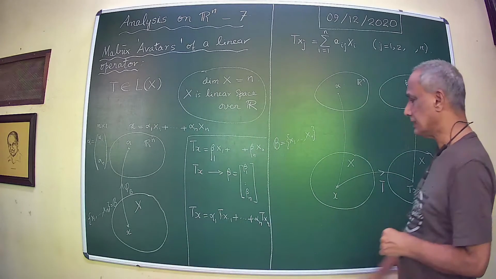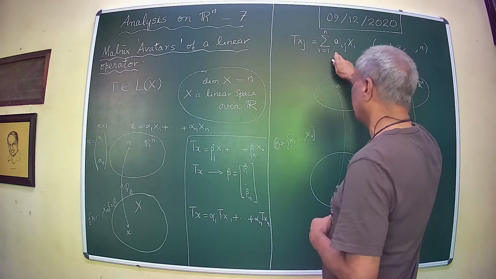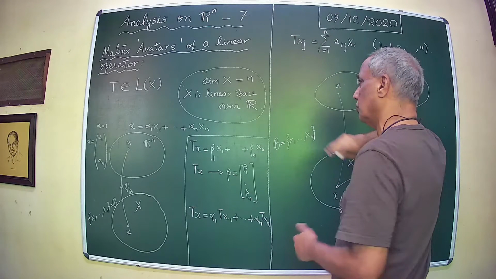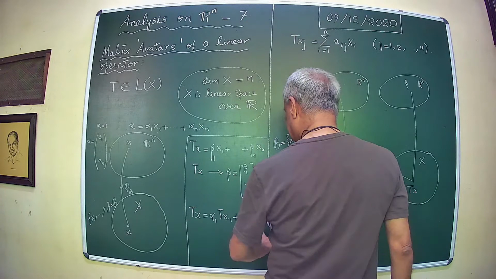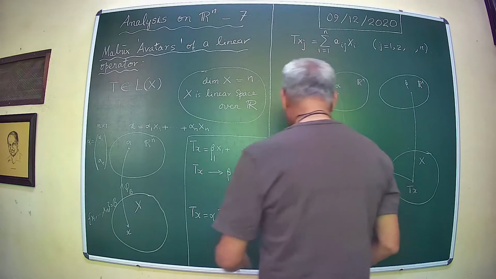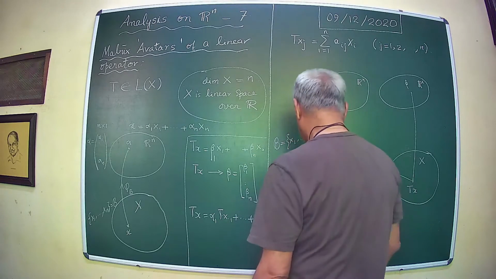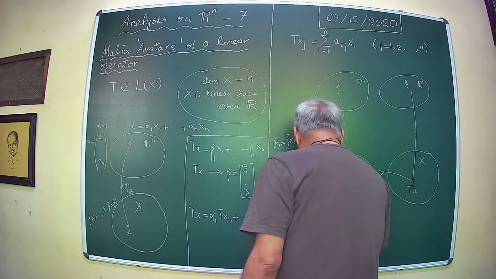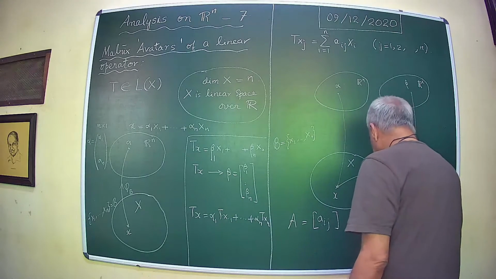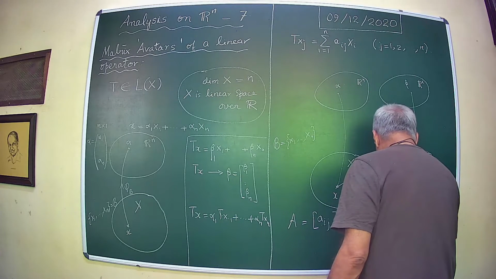Now each Txi you can replace by the corresponding expression with j equal to 1, etc. So you get this, and eventually what you see is that there is an n by n matrix A, which you want to denote by A_ij, such that you can write beta equal to A alpha.